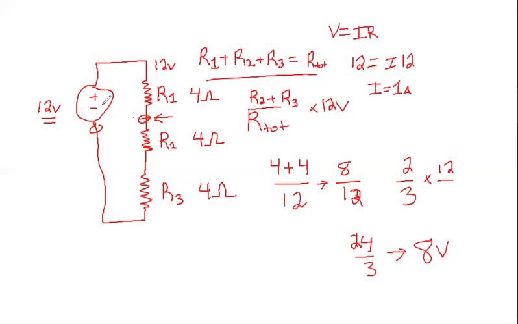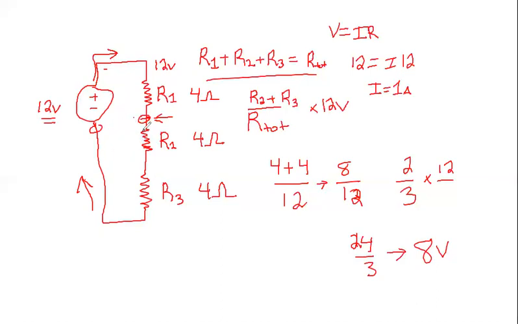And from KCL, Kirchhoff's current law, we know that current at any point in this circuit is always the same. So if we have 1 amp here, we also have 1 amp here. Current in equals current out. It has to go somewhere. So we know that everywhere is 1 amp.